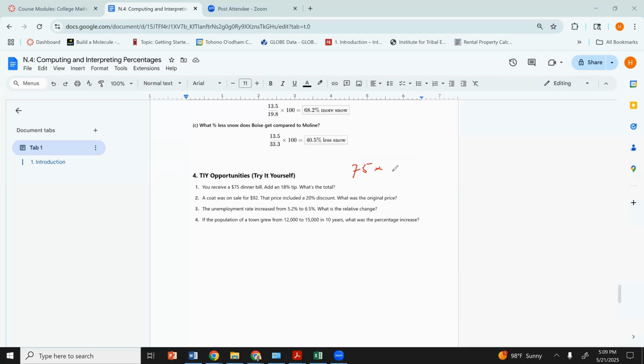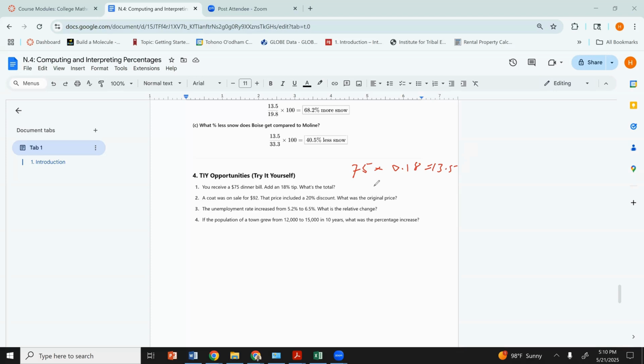This is the same as 18 divided by 100, or 0.18. And then the amount you pay in tip is going to be about 13.5.